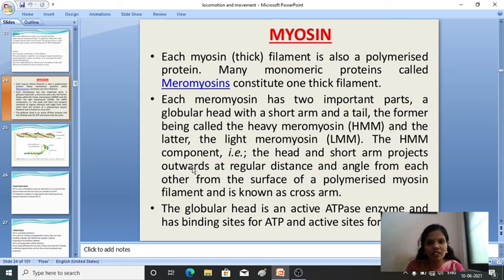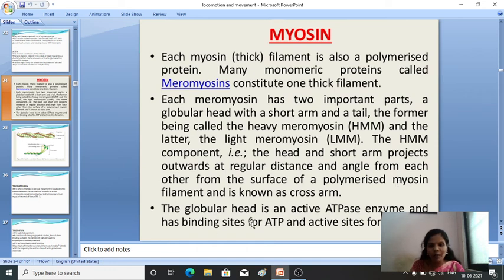Then there are two other important parts you have to know in myosin. The former begins with the heavy meromyosin, that is HMM, and the remaining part is made up of light meromyosin, commonly abbreviated as LMM. HMM is generally made up of the head and short arm, which project outwards at regular distances and angles to form the surface of the polymerized myosin.